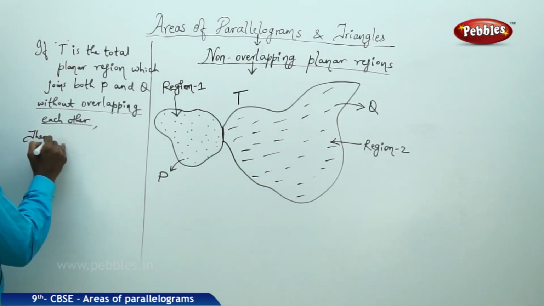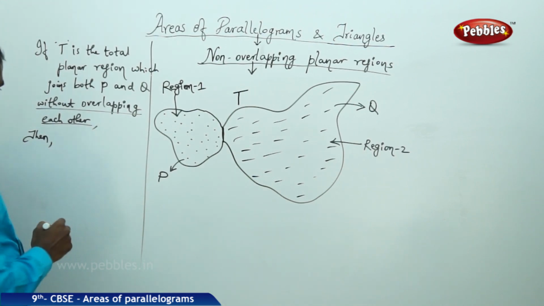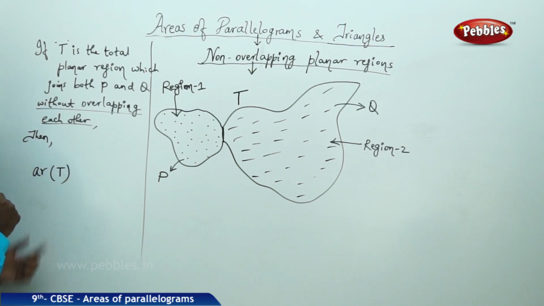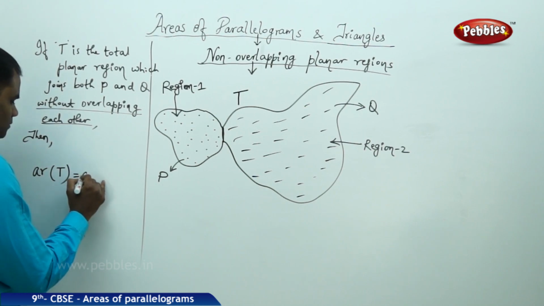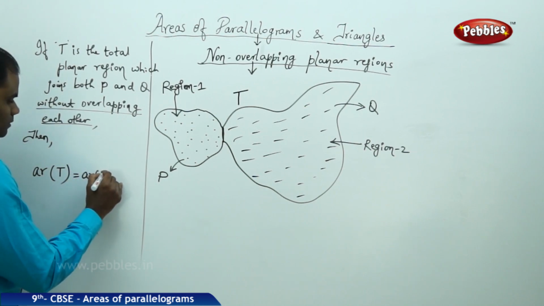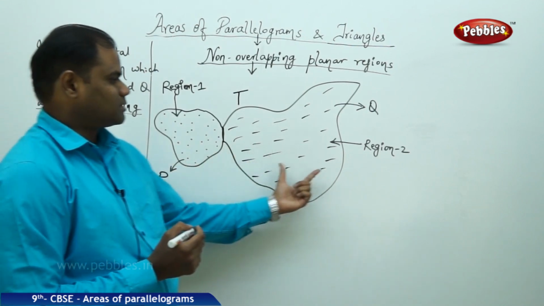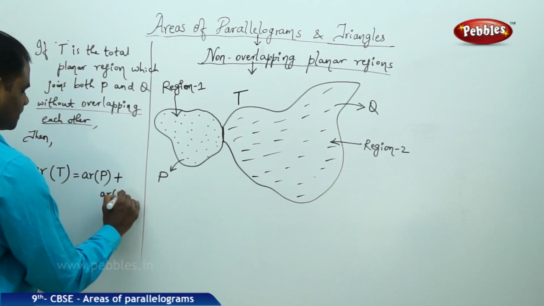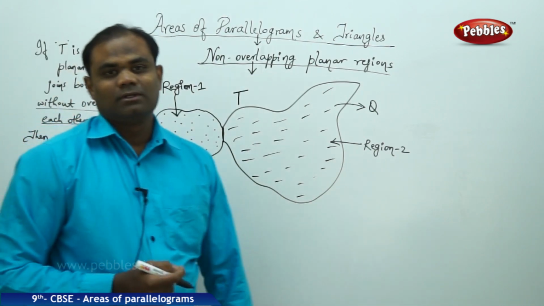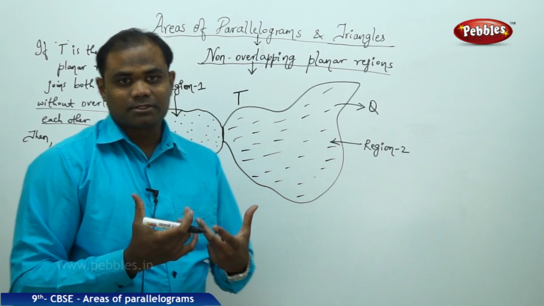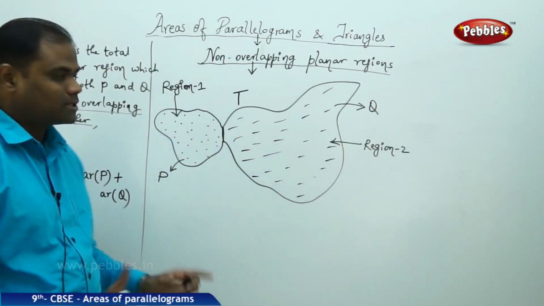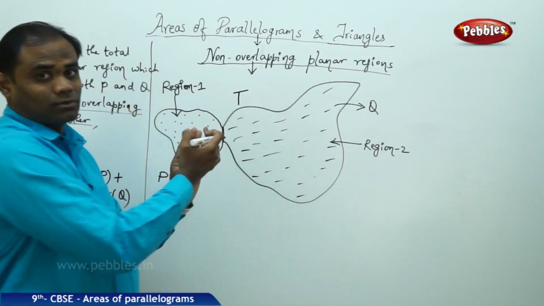Then I have a mathematical property which connects the area of the whole total region T, denoted by AR of T, which will be equal to the area of the region P, that is the first region, plus the area of the second region Q. So if I join the two regions, area of P plus area of Q equals area of the entire total region T.